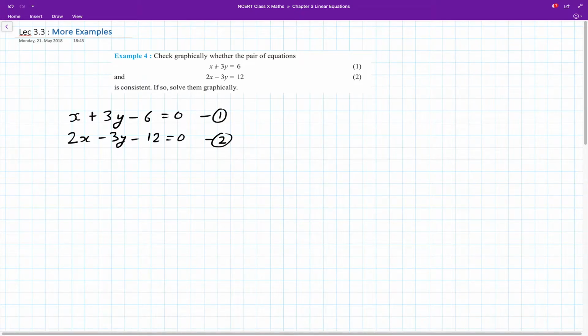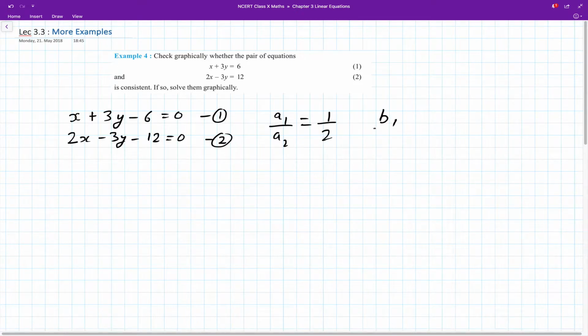Okay, so we have two linear equations, x plus 3y minus 6 is equal to 0, 2x minus 3y minus 12 equal to 0. The very first thing that we will do is have a look at the ratio a1 by a2. So it is 1 by 2.